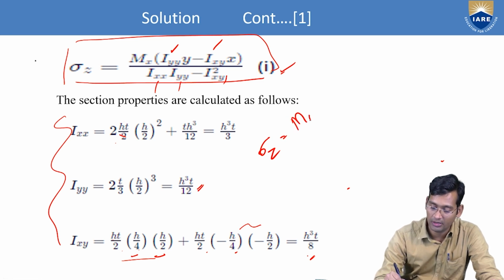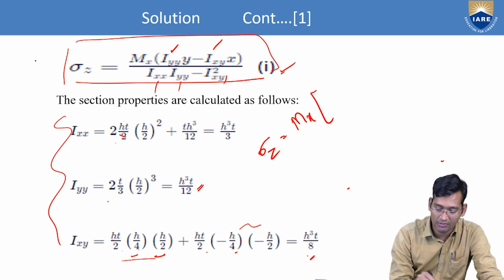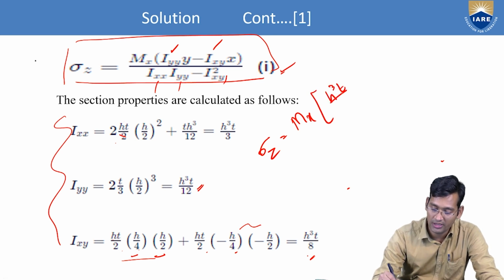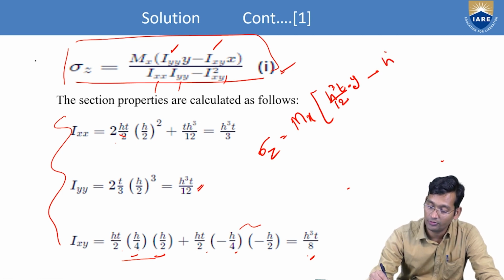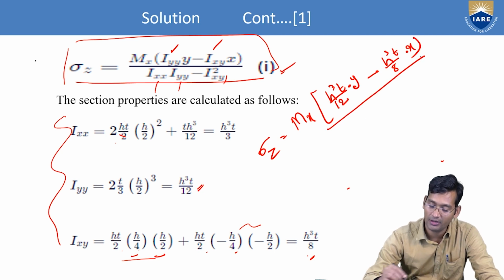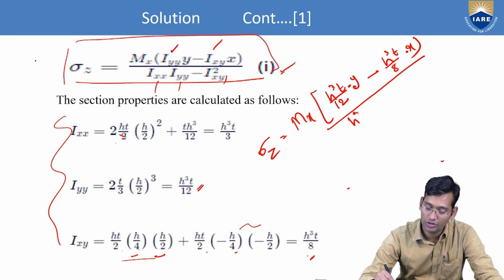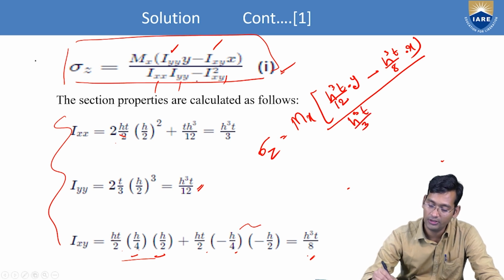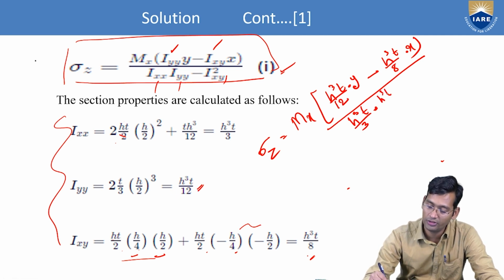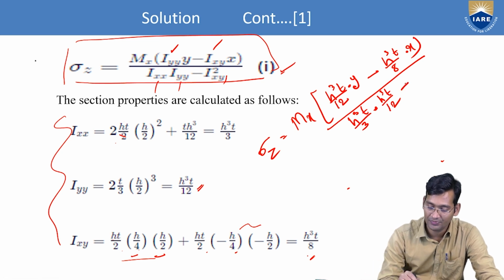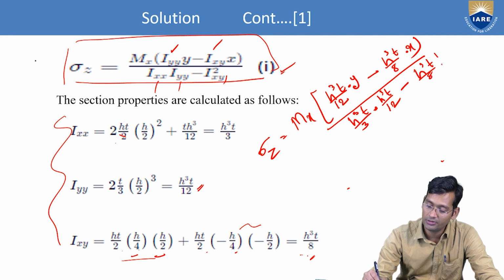So first Mx, okay, Iyy is how much? hQ T by 12, Iyy into y, minus Ixy is here hQ T by 8, into x, okay, this divided by Ixx is hQ T by 3 into Iyy is hQ T by 12, minus I square xy, which is hQ T by 8, so hQ T by 8 whole square.